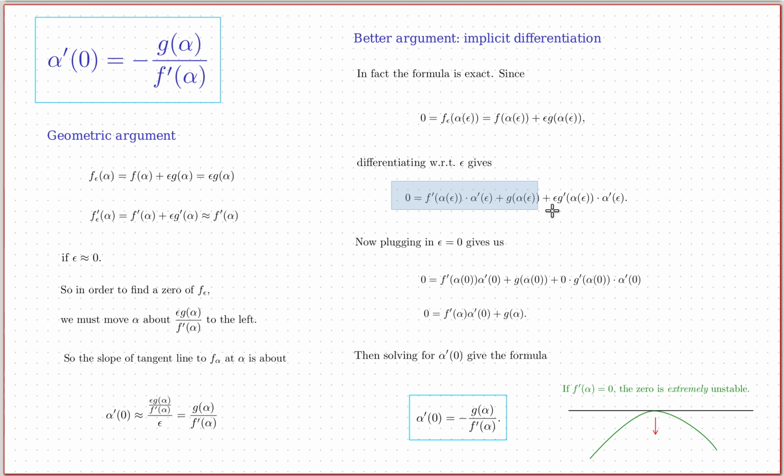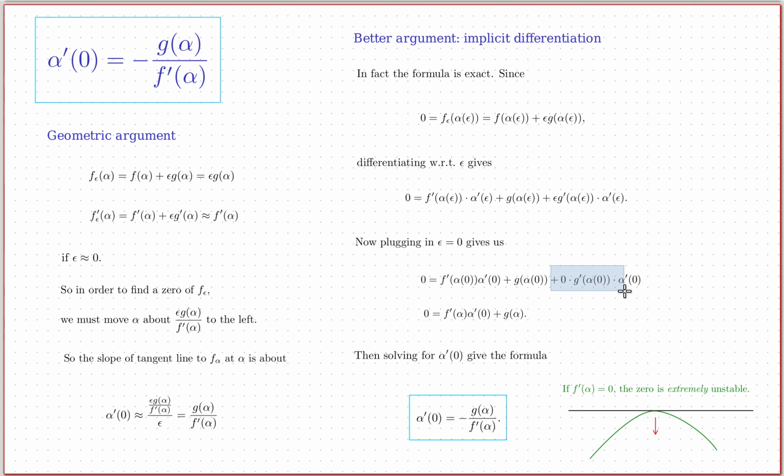Okay, this looks like a bit of a mess, but it simplifies radically as soon as we plug in epsilon equals 0, right? So this term will disappear because it's got a factor of epsilon. When epsilon equals 0, alpha of epsilon is just alpha. So we get f prime of alpha of 0, which is just f prime of alpha. Alpha prime of 0, that's what we're trying to solve for. And we get g of alpha of 0, which is just g of alpha.